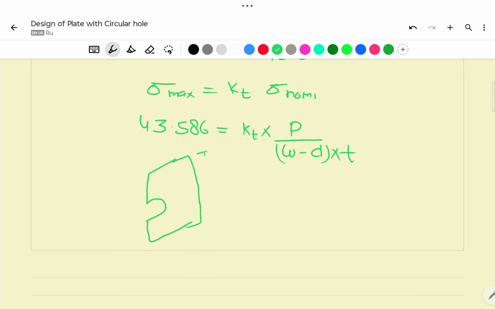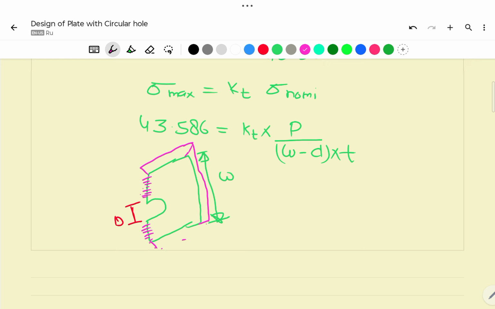So this is your width, and this is your diameter. If you mark with this pen, this is the cross section we are considering.